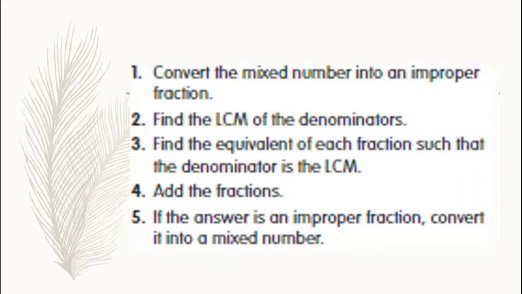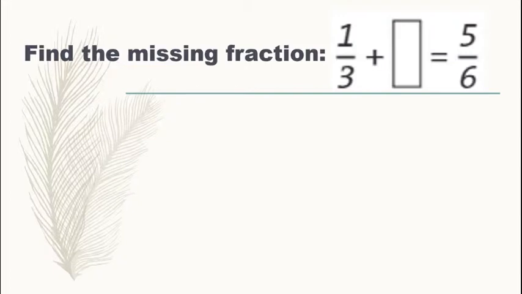The fourth would be add the fractions. Then the fifth one, if the answer is an improper fraction, you need to convert it into a mixed number to get your simplified answer.